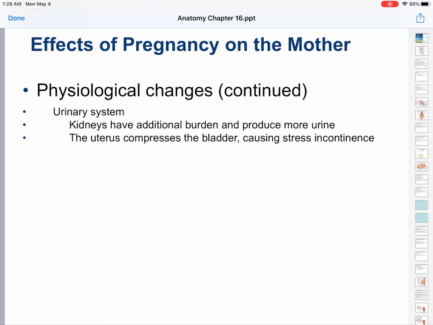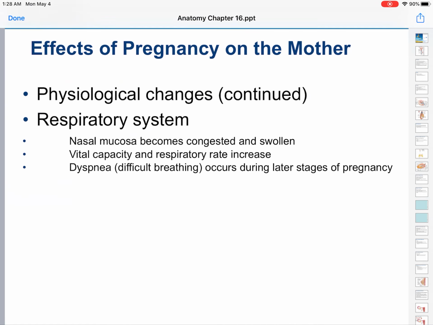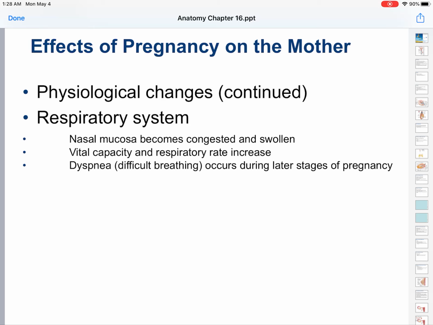So you're producing more urine as well as going more often. Or sometimes not at all, depending on how it is pressing. It might also be pressing on parts of the urethra and causing problems with going.